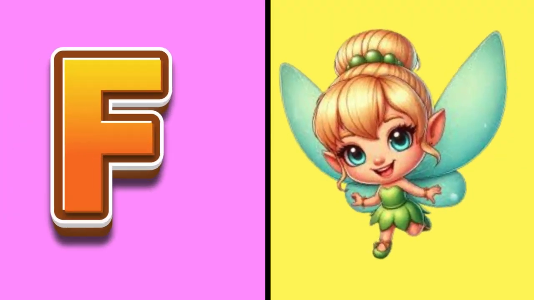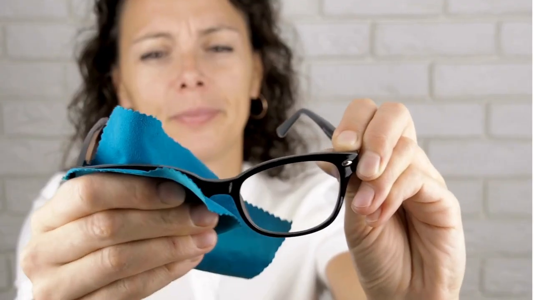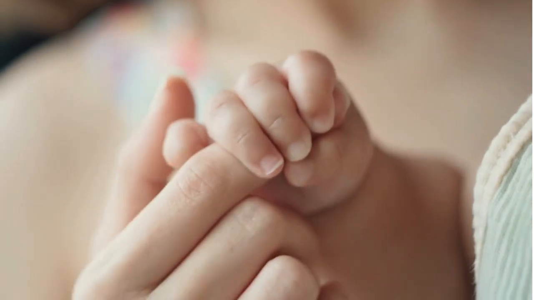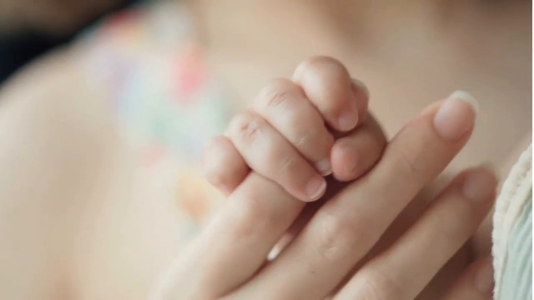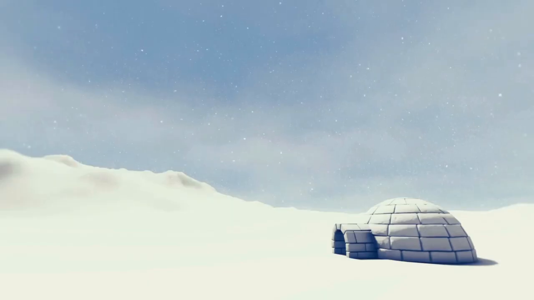F is for fairy. The fairy. G is for glasses. G, glasses. H is for hands. Hands. I is for igloo.